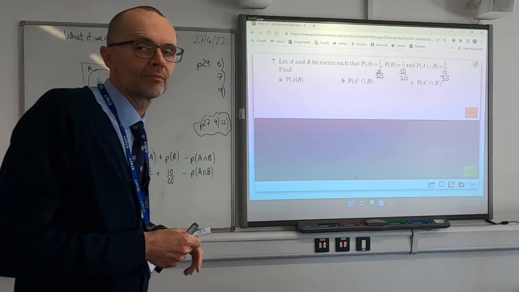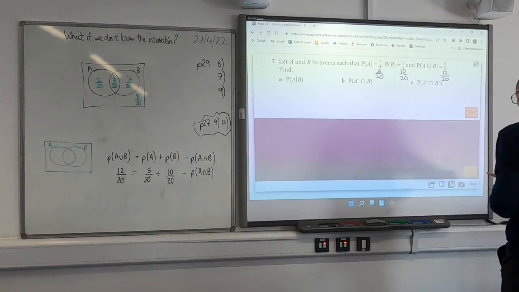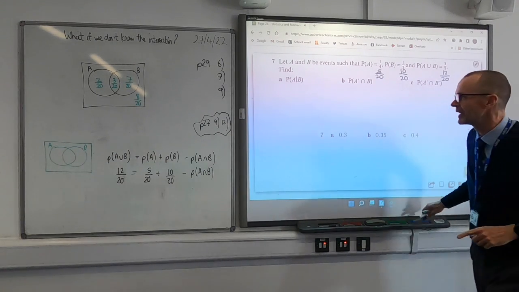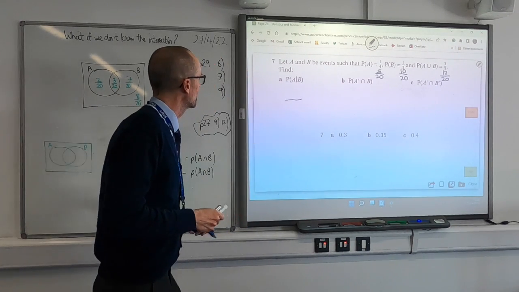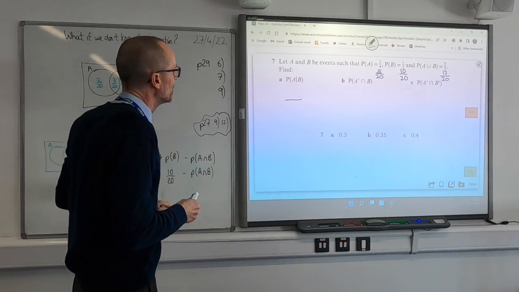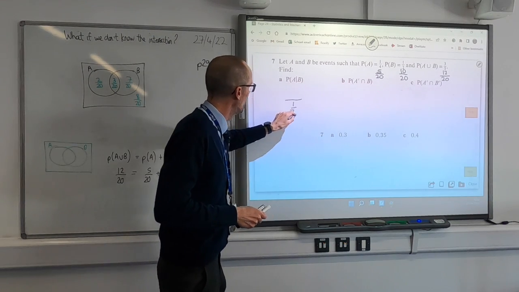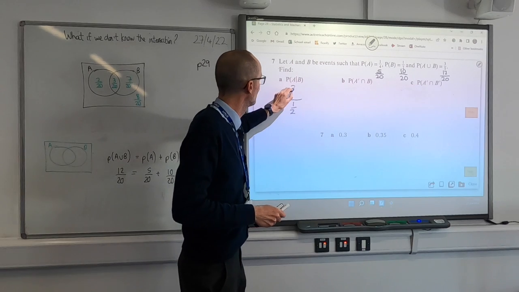So if the question's in fractions, can you still do it in decimals? Yes, you can. In fact, I think this one maybe. So I won't make the same mistake again. I've only got one given question here. So that's the probability of B, which is a half. That's on the bottom. And of that, which bit is down to A? 3/20ths.